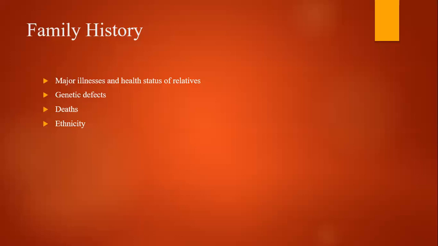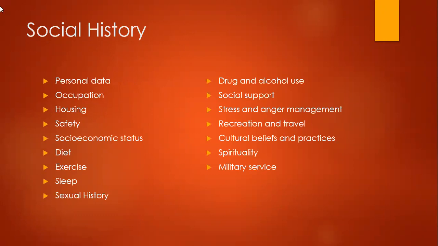In the same way, we will ask about the mother. Is she alive or passed away, what kind of disease, or is she absolutely okay? So any kind of genetic defect on the father's side, mother's side, also the siblings, also death or ethnicity. Some diseases are most common in some particular groups.